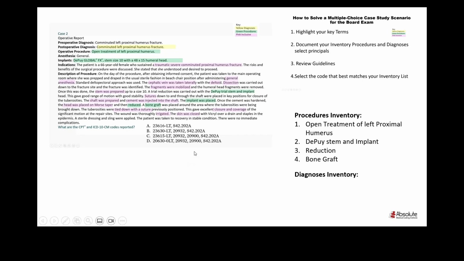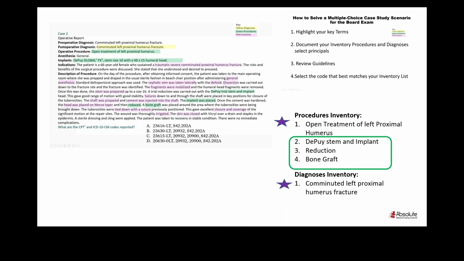Bone graft was used. In the diagnosis inventory, we have comminuted left proximal humerus fracture. So that is going to be your principal diagnosis, and your principal procedure is going to be open treatment of left proximal humerus.